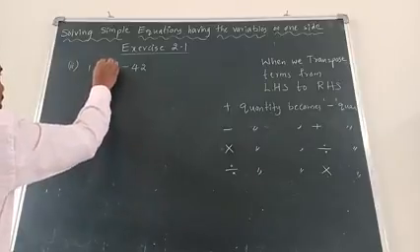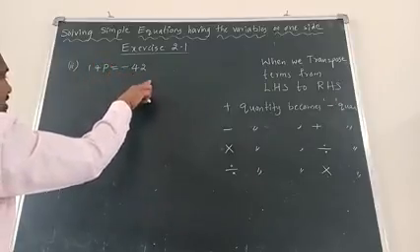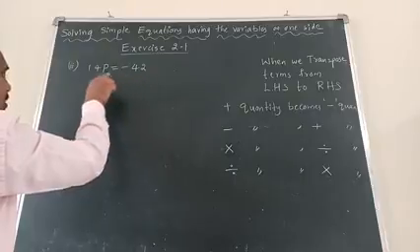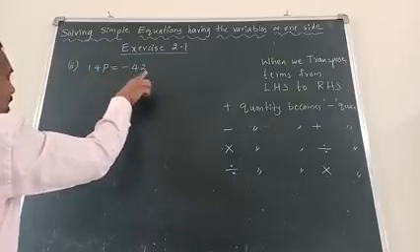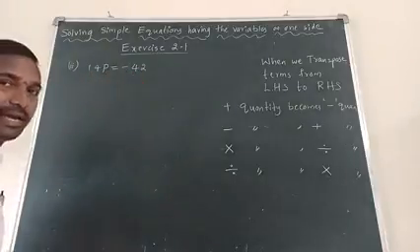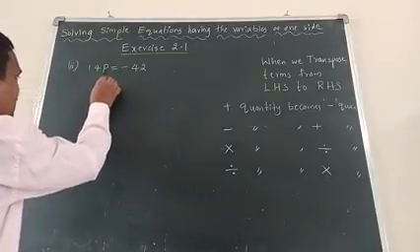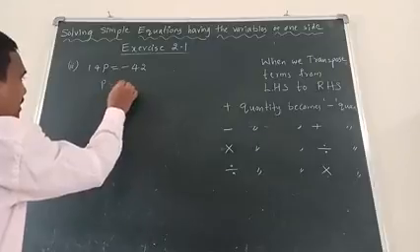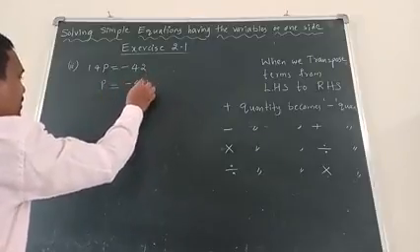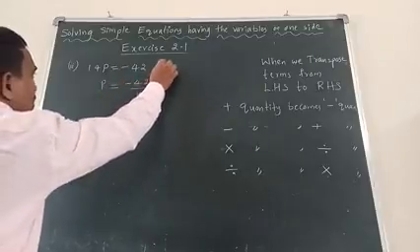So transpose 14 to the right hand side. Here 14 is multiplying, so when it transposes to the right side, it becomes division: minus 42 by 14.